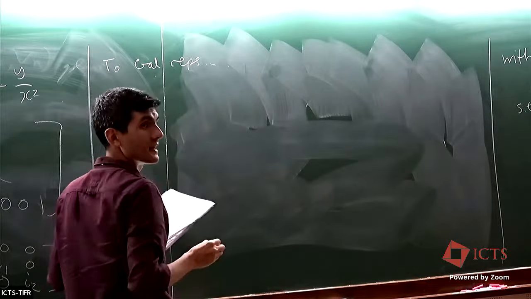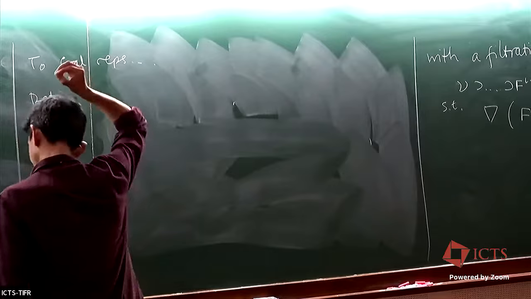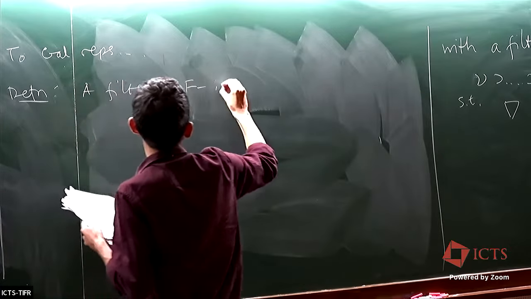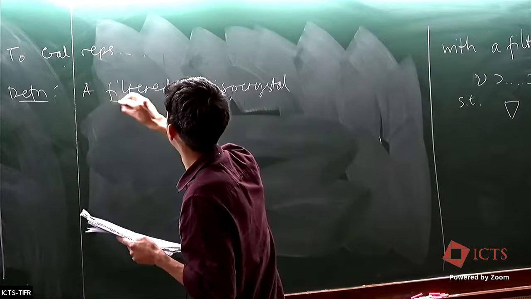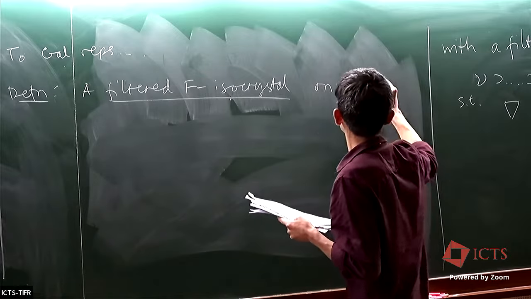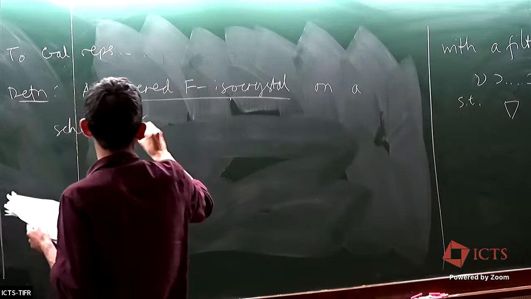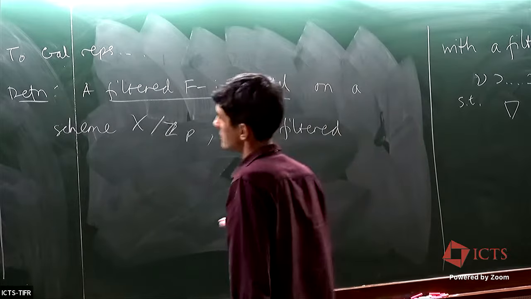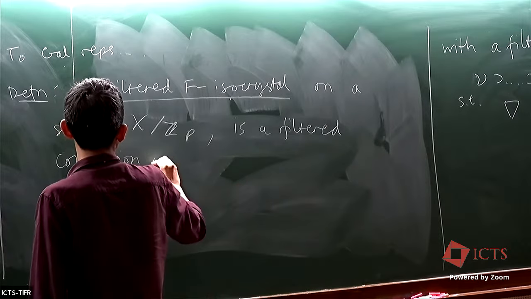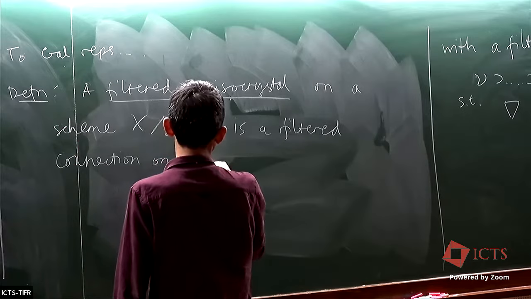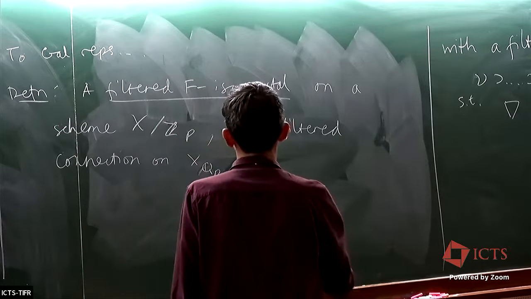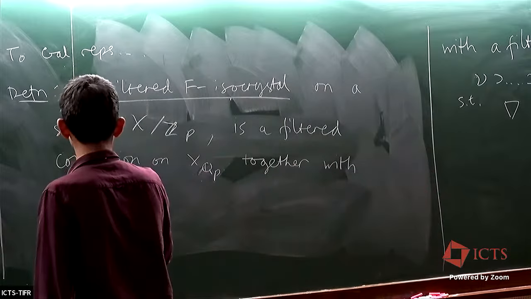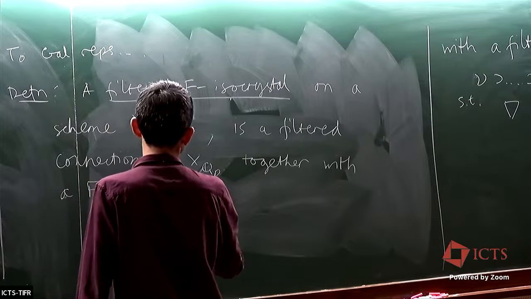What we've concluded is that E_n with nabla_n has the following structure, what's called a filtered F-isocrystal on X over Z_p: the filtered connection on X over Q_p, together with a Frobenius structure on its analytification.